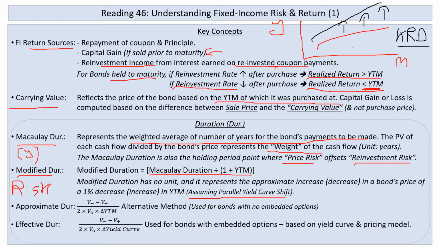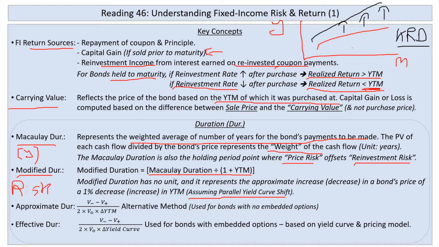We will talk about the key rate duration in the next slide as well, but since we talked about the parallel yield curve shift and how it works out for modified duration, a non-parallel shift would not work out for modified duration. Key rate duration should be used for non-parallel yield curve shifts.